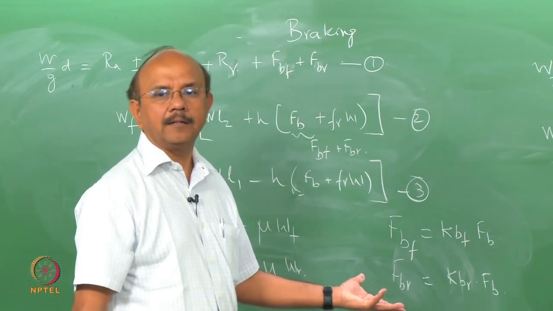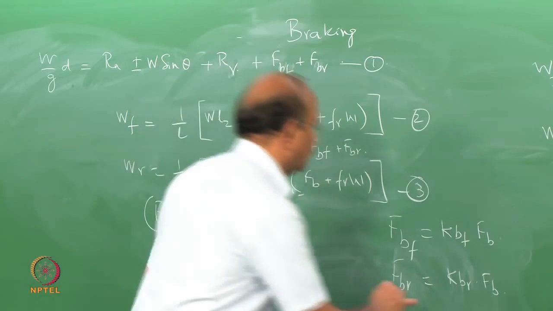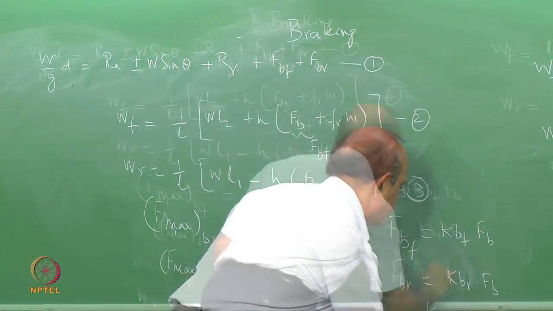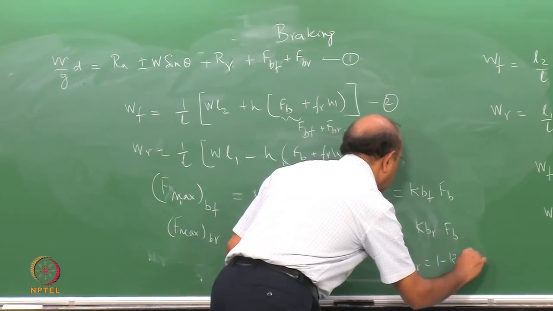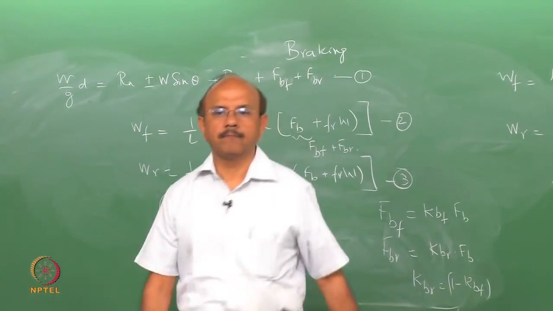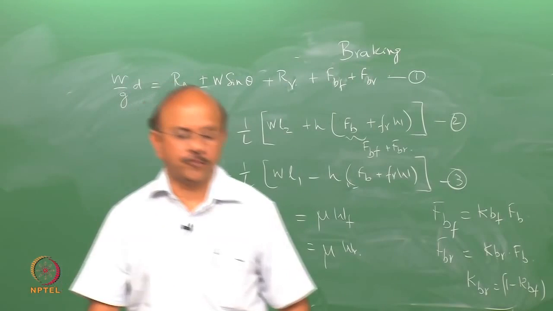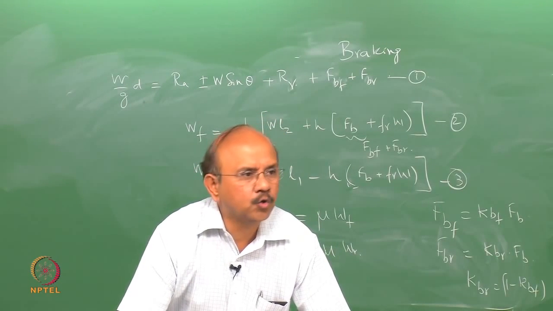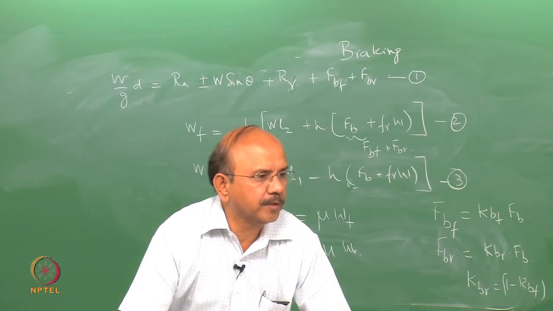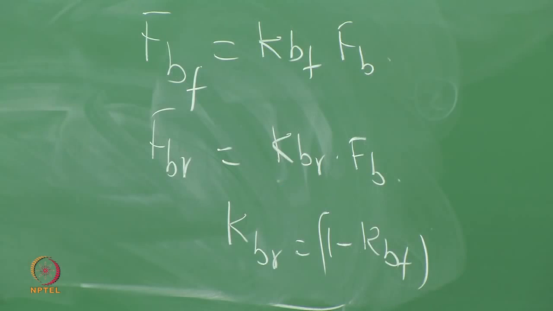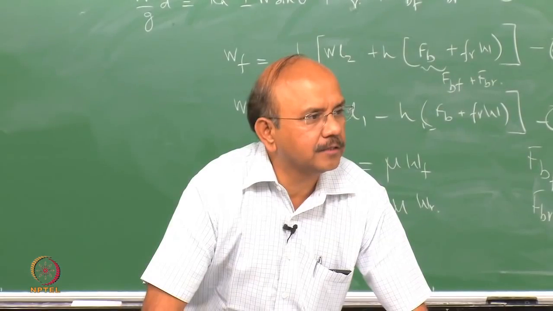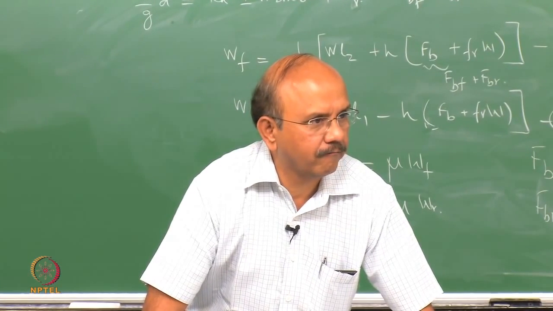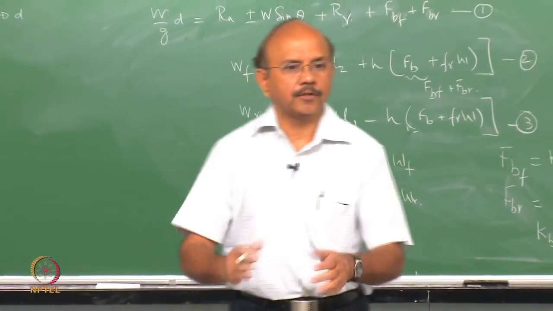Obviously Kbr has to be 1 minus Kbf. The key question which we are going to answer in the next class is how should the braking force be distributed between the front and the rear. Let's stop here and we will continue in the next class.